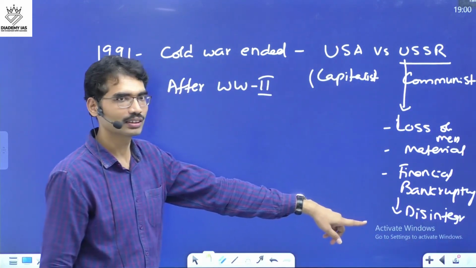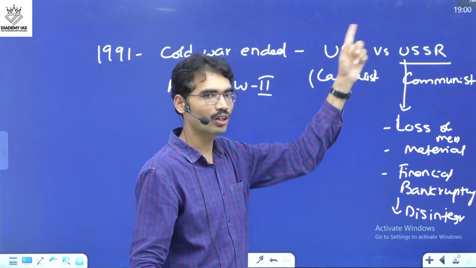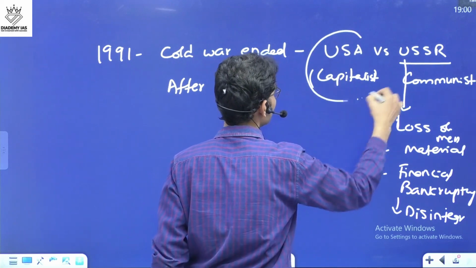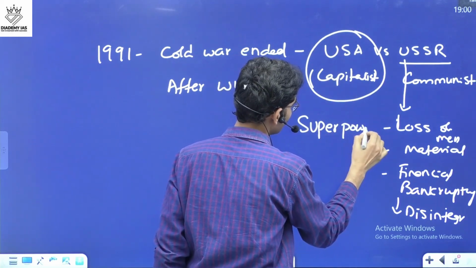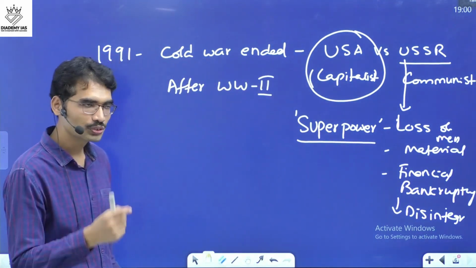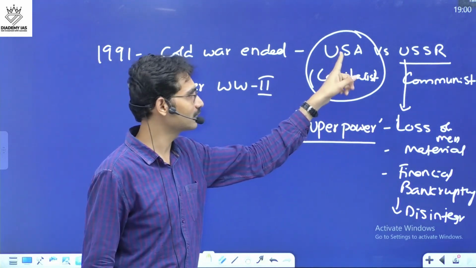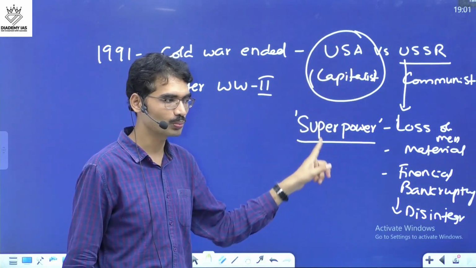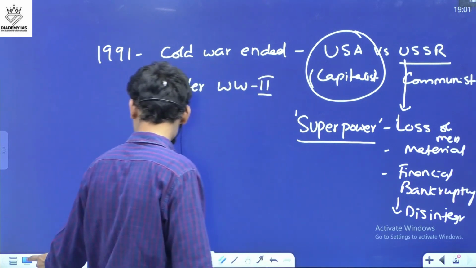After the disintegration, earlier two superpowers were there, now only one superpower emerged, that is USA. So this became the single superpower. And this question is asking what was the impact of this emergence, ascendancy of USA as superpower? Now you observe this.